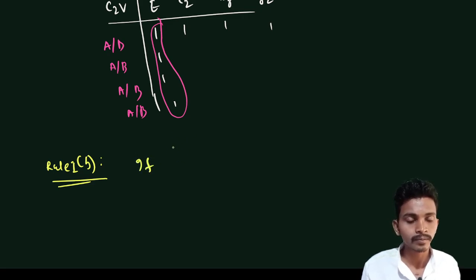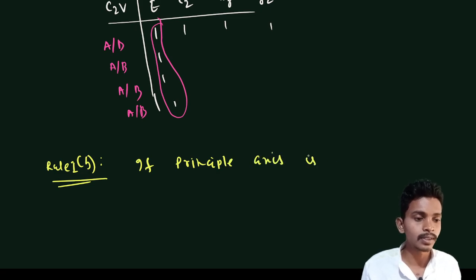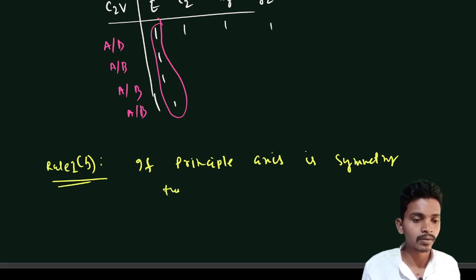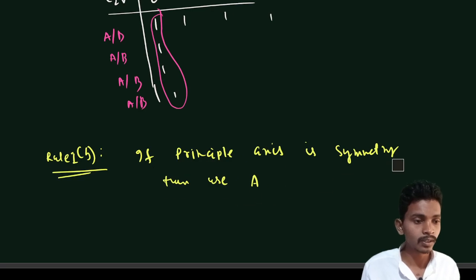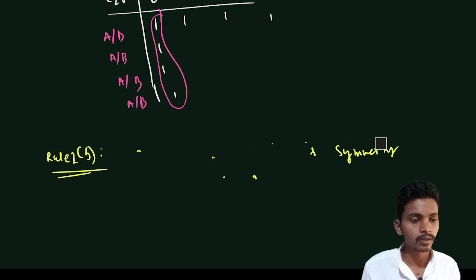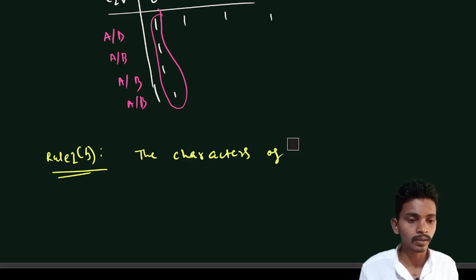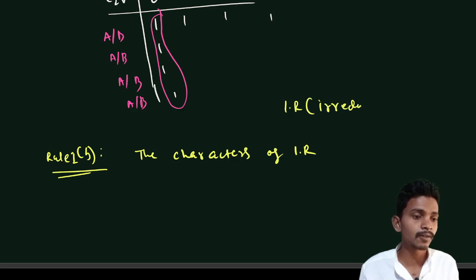If a principal axis is symmetric, then use A. If the principal axis is symmetric to the characters of the irreducible representations, IR means irreducible representations.